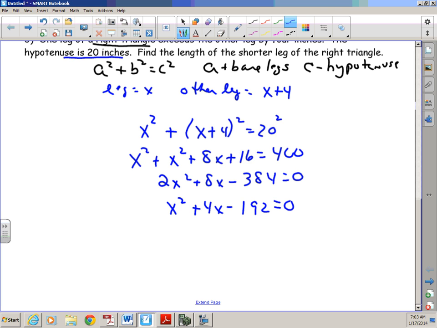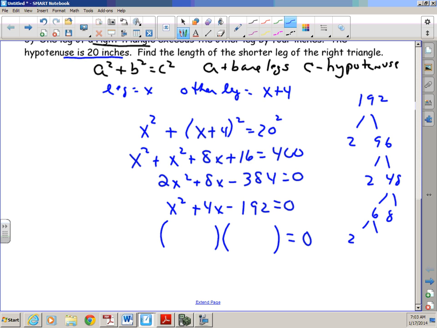Now, again, you can use many different strategies to factor this. All right, and you can use a calculator to help you figure out what the zeros are. But one strategy I do is if I have 192 and I were to do a prime factorization of it, the prime factorization is 2 to the 6 times 3.